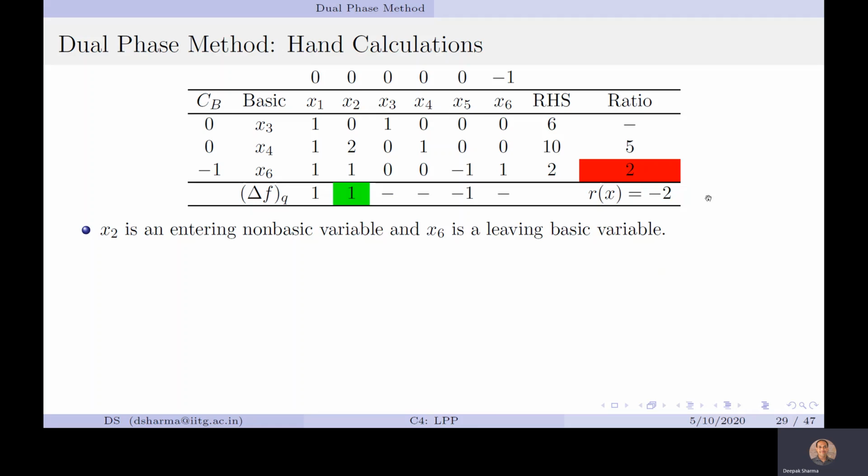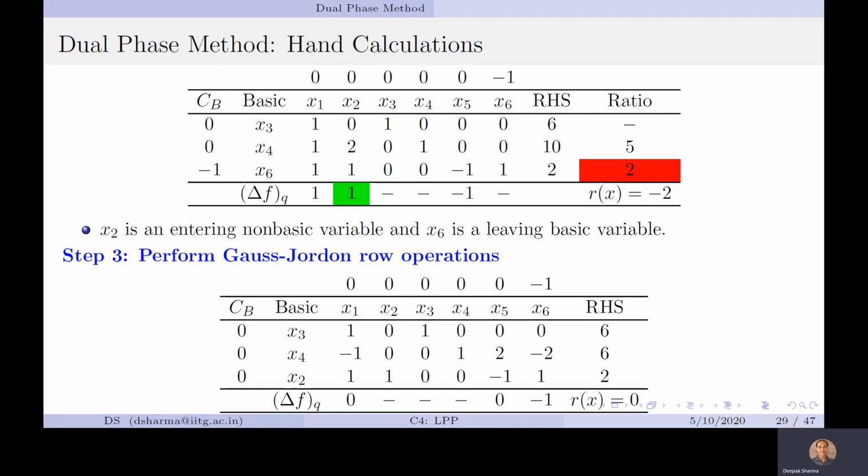So it is -2. Since x2 is going to enter the table, what is the leaving variable? The coefficients under x2, which are 0, 2, and 1, will be used to find the ratio. 6 divided by 0 is infinite, so we will not take it. 10 divided by 2 is 5, and 2 divided by 1 is 2. So x6 should leave the table.